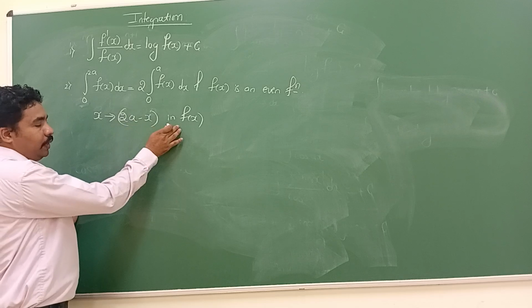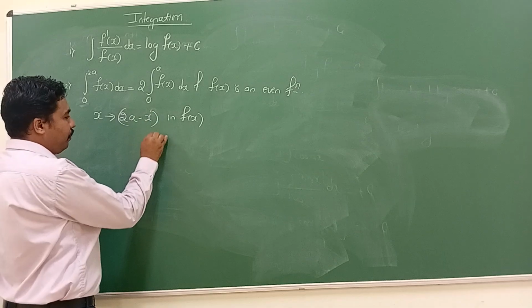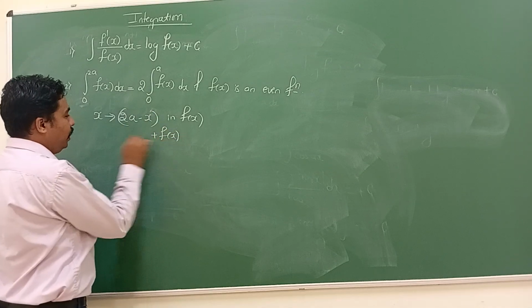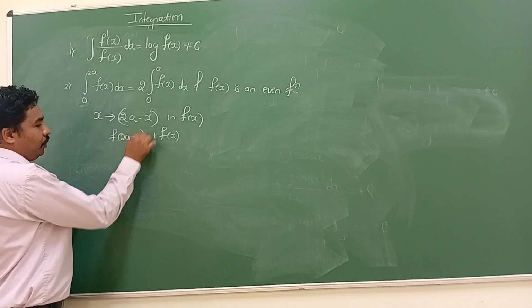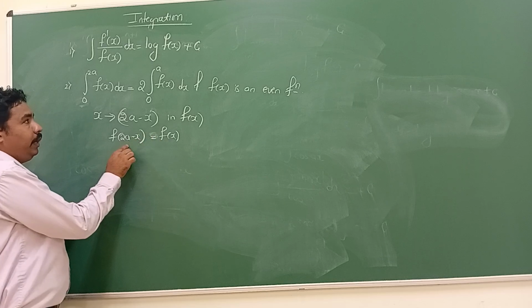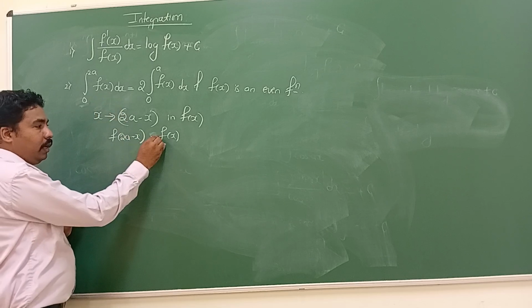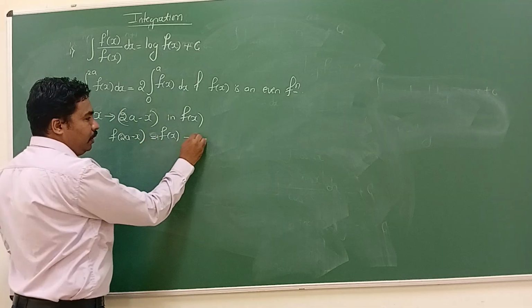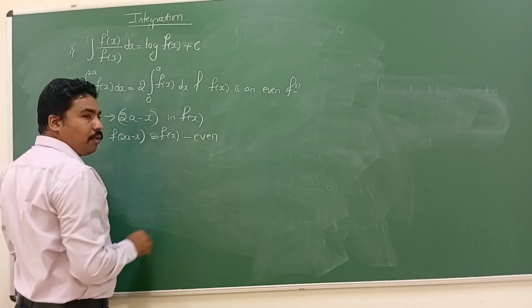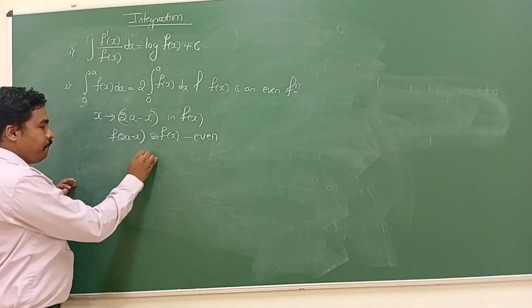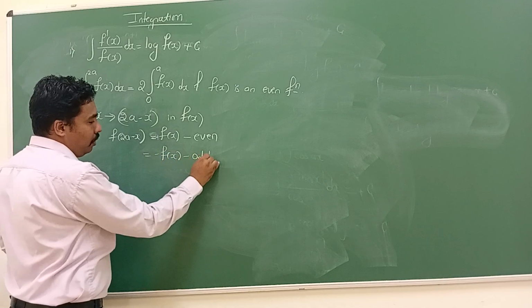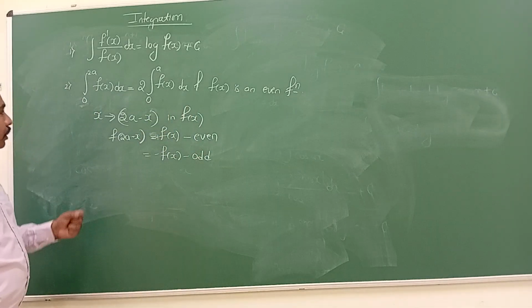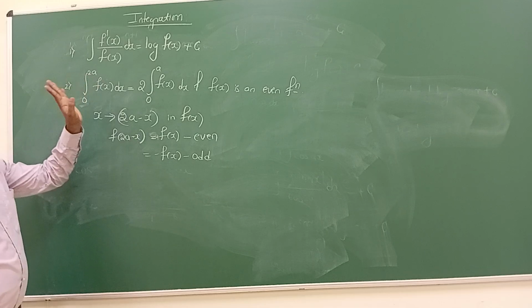If after replacing, we are getting positive of f of x, meaning f of 2a minus x equals f of x, then it is called an even function. If we are getting negative of f of x, then it is called an odd function. So this is a very important property in integration.